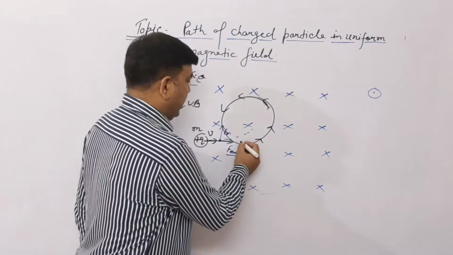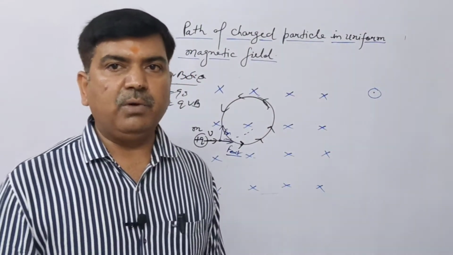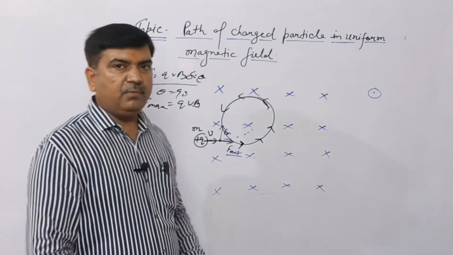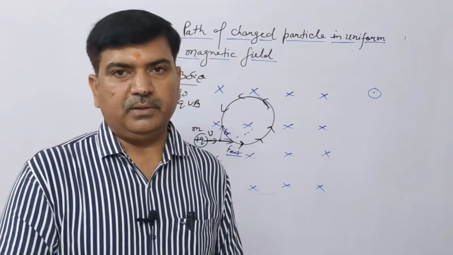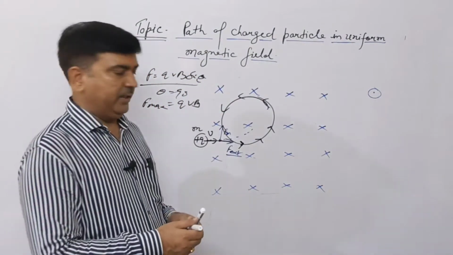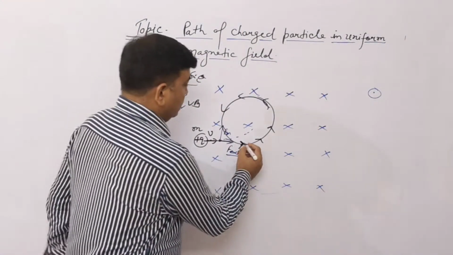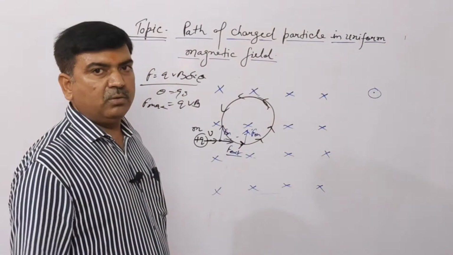And now see, everyone knows that for a circular path, centripetal force is required. Without centripetal force, nobody can move on a circular path. Now see, what provides the centripetal force here? The magnetic force Fm is always perpendicular to the motion of the charged particle.